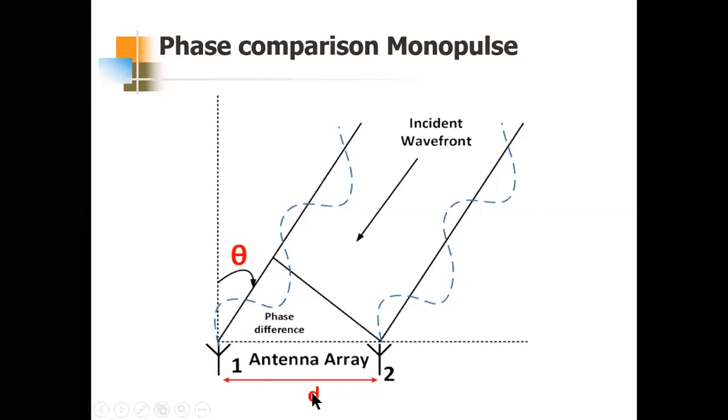So this D shouldn't be that large, but even if it is lesser than the antenna diameter, the antenna pattern will be poor. In practice, the separation D should be much lesser than the antenna diameter, so that we get lesser angle ambiguities while reception is happening.